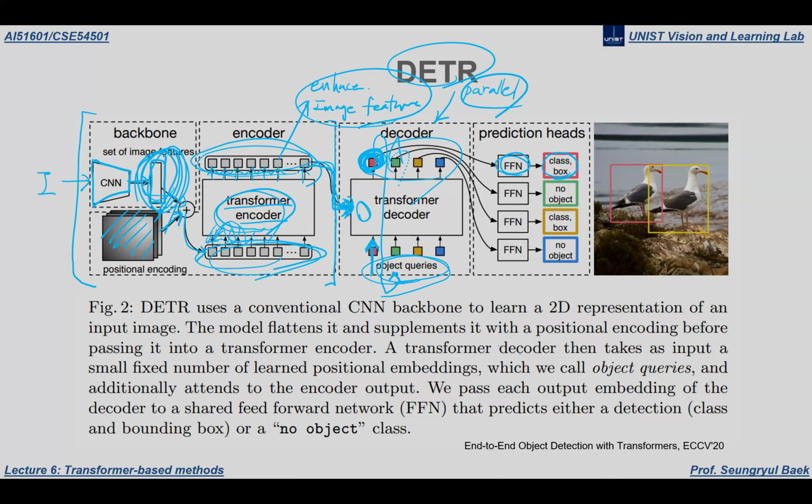But in DETR, they are not doing such things because there is no sequential meaning in the input domain, because this is the image domain, having no sequential meaning.